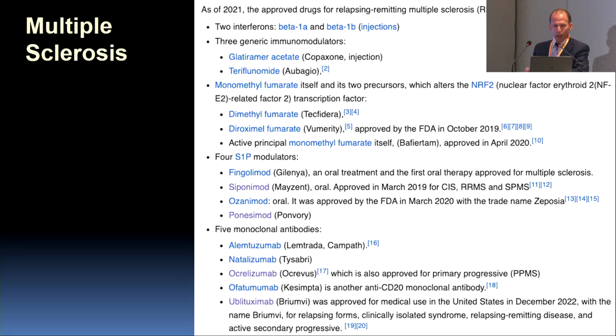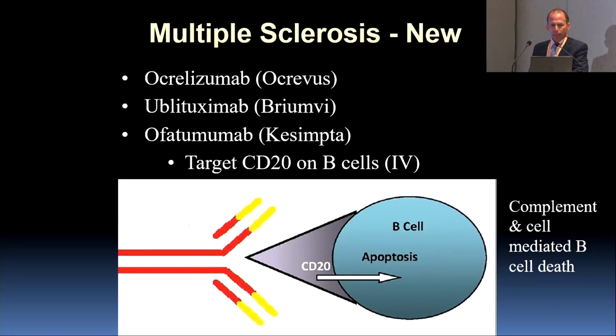They're the ocrelizumab, ublituximab, and ofatumumab, which target the CD20 molecule on B cells. And what happens then is when it targets the CD20, it starts a cascade of complement and cell-mediated B cell death, which leads to decreased immunoglobulins and decreased inflammation.